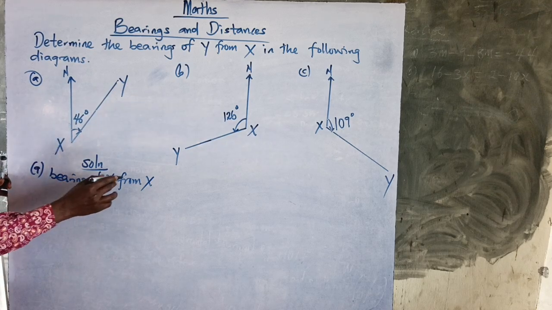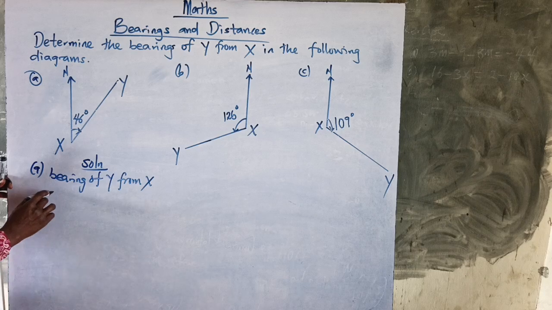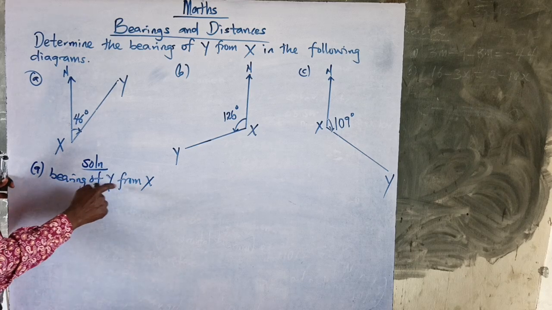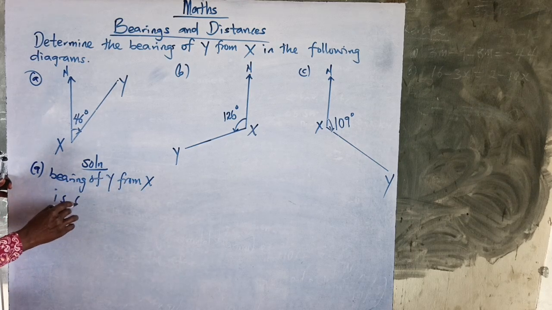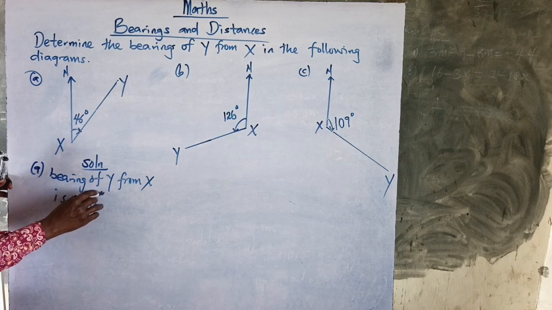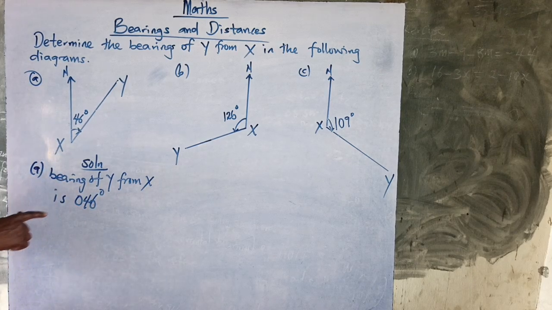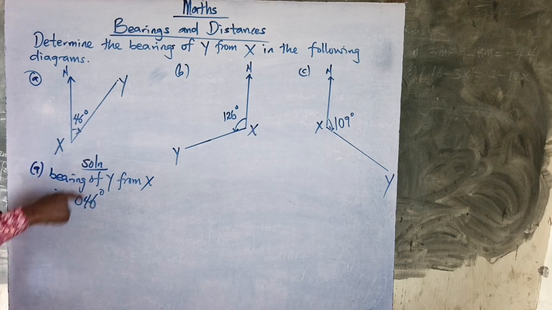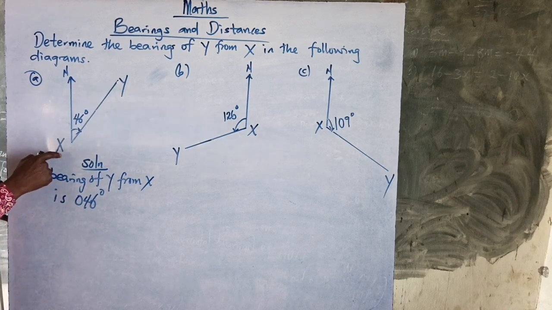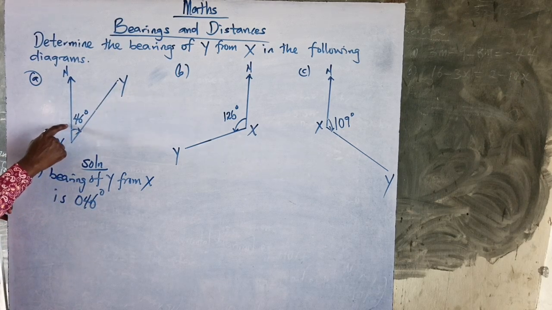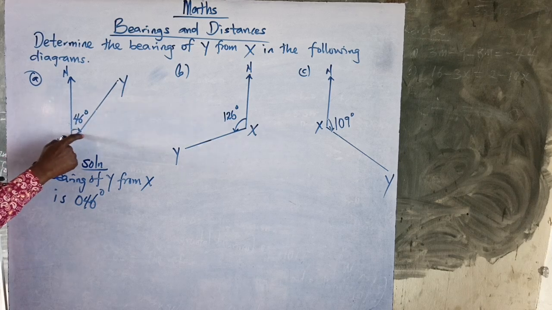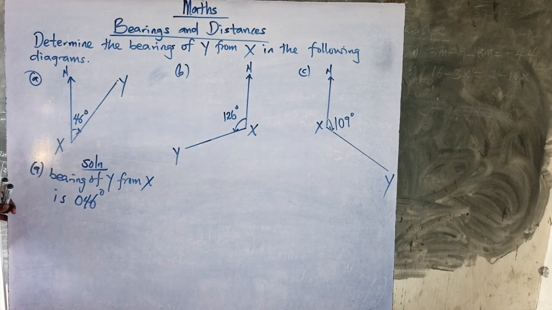Instead of writing 46, we make it three digits by adding 0 to it. That will be 046 degrees. Therefore, the bearing of y from x, from the north of x to the line that connects x and y together, is 046 degrees.